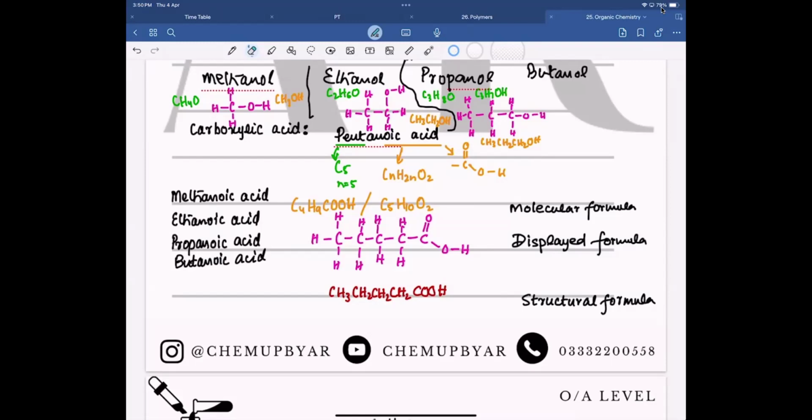For the first one, the structural and the displayed formula would be similar to this. How many of you have done? One carbon, right? For meth, I guess there would be one carbon. Obviously it has one carbon.